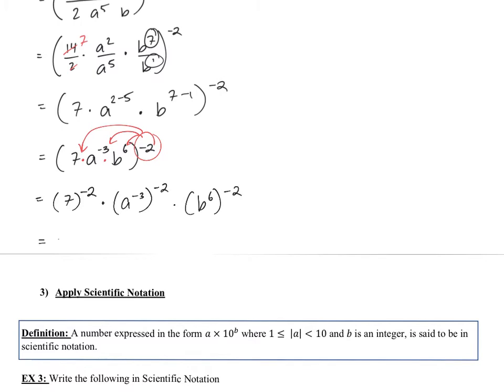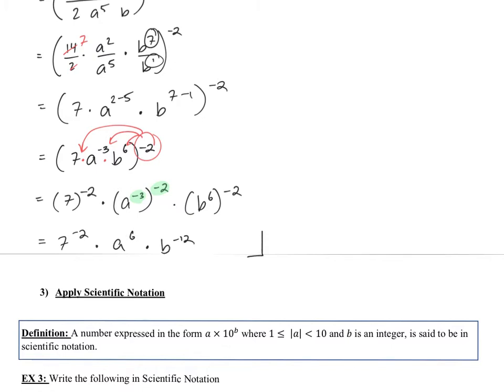Alright, we can go ahead and simplify that. That'll be 7 to the negative 2 times a, let's see, power to power rule. That is negative 3 times negative 2, which is 6, times b to the 6 times negative 2, negative 12.